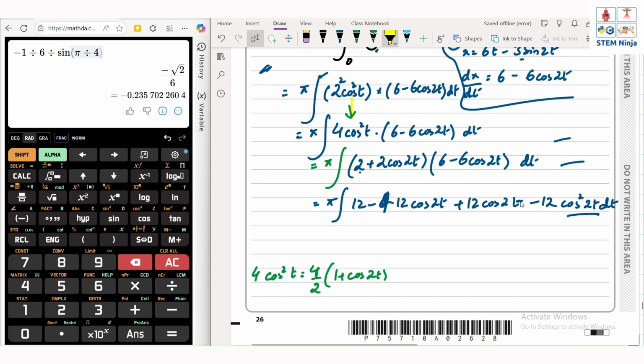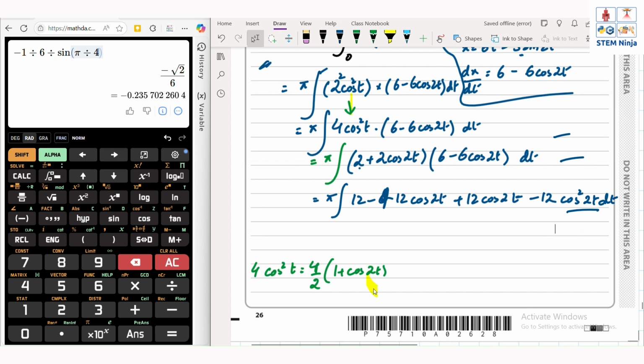So we will do the same thing we did above. We will replace this with the double angle form. So we have pi times 12t.